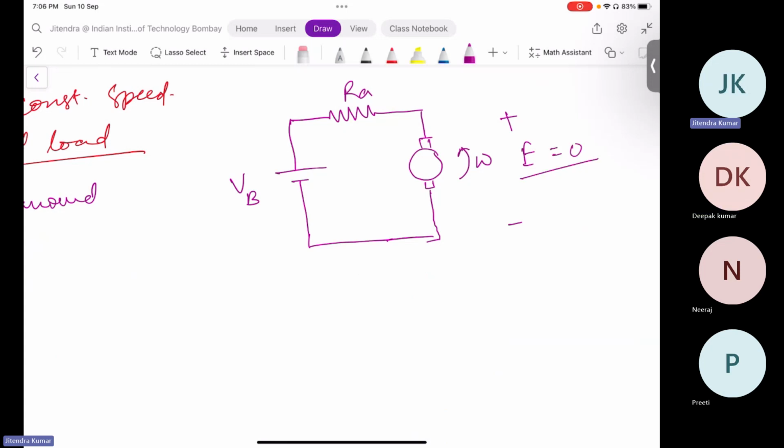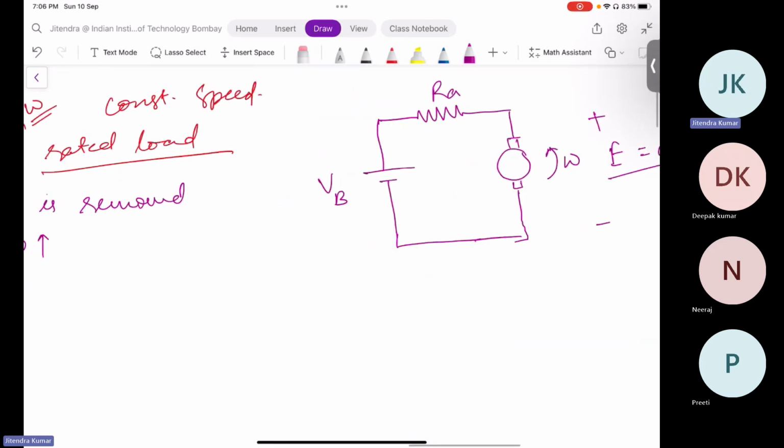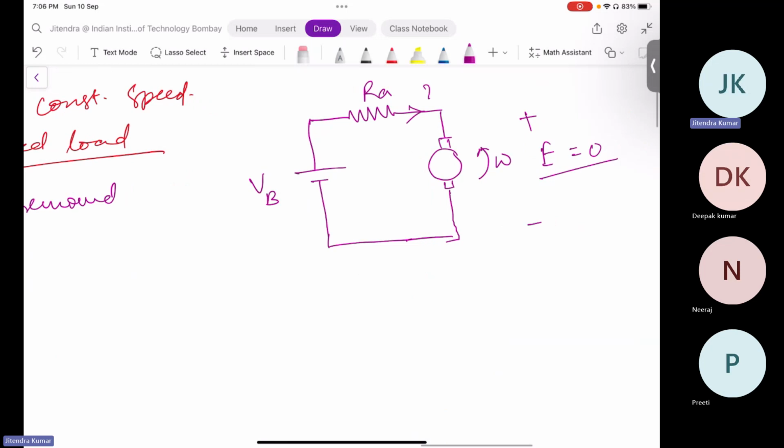That I agree. But if omega has a certain speed, then you can compute this EMF, with a certain current either coming from the supply, or if it is rotating at a certain larger speed such that E is greater than V, then it is working in generating mode.